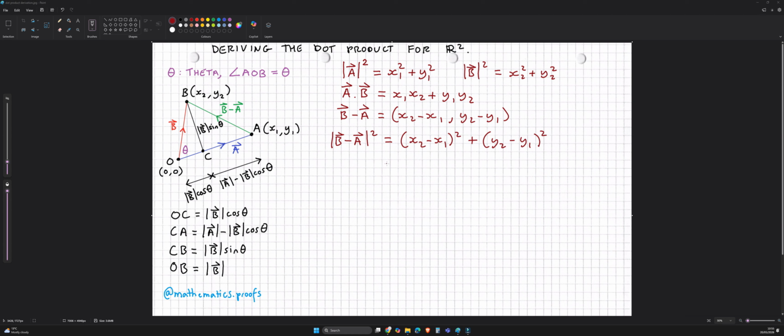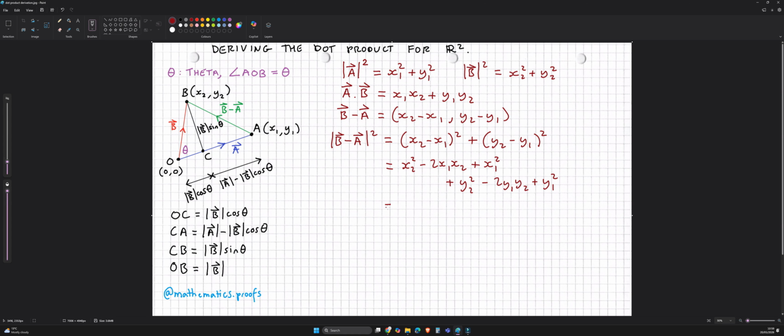Now it's important that we expand this to get our proof. So that's going to give us x2 squared minus 2x1 x2 plus x1 squared. We also get plus y2 squared minus 2y1 y2 plus y1 squared.